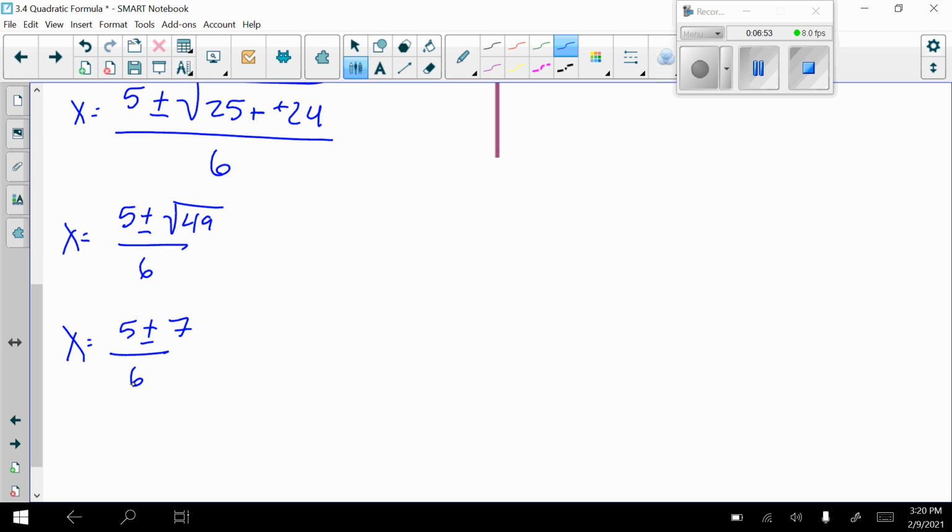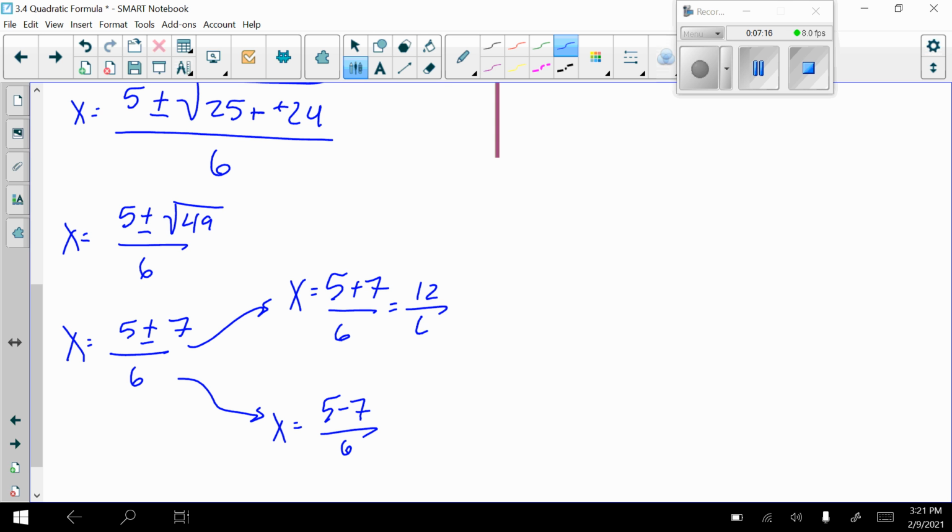All right, so now at this point, remember what the plus minus does. The plus minus technically gives you two numbers, right? So this technically is giving us x equals 5 plus 7 over 6, and x equals 5 minus 7 over 6. So let's see what both of these end up being. 5 plus 7 is 12 over 6.